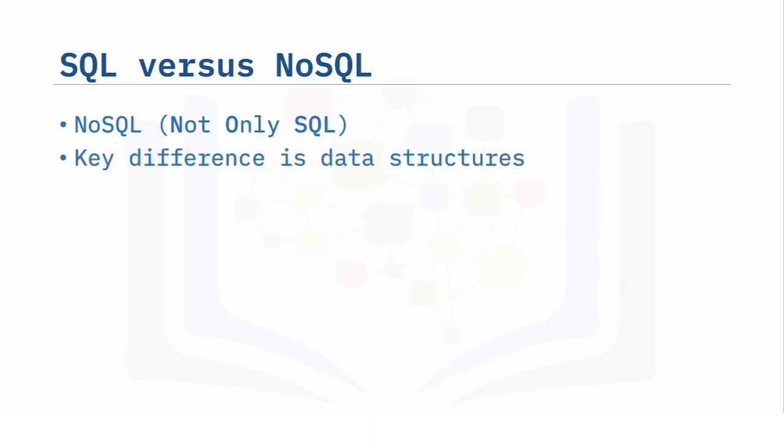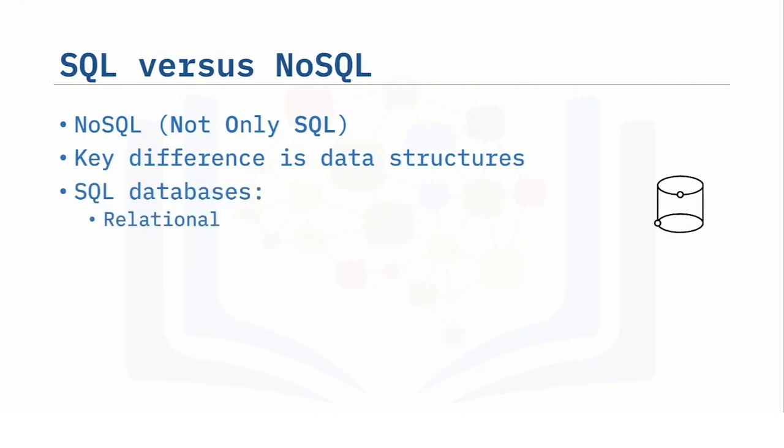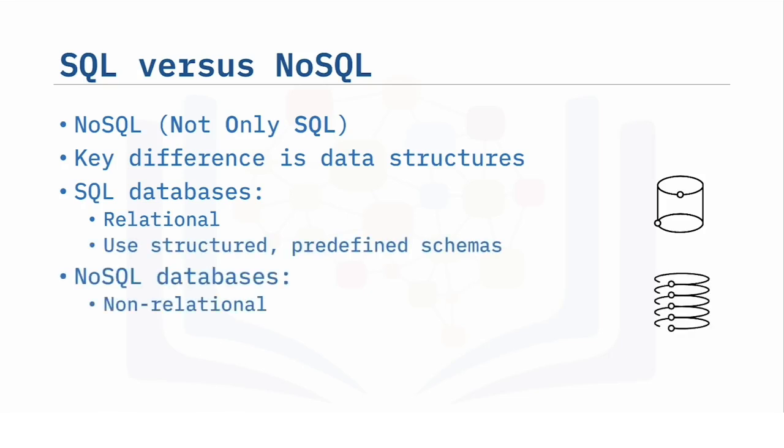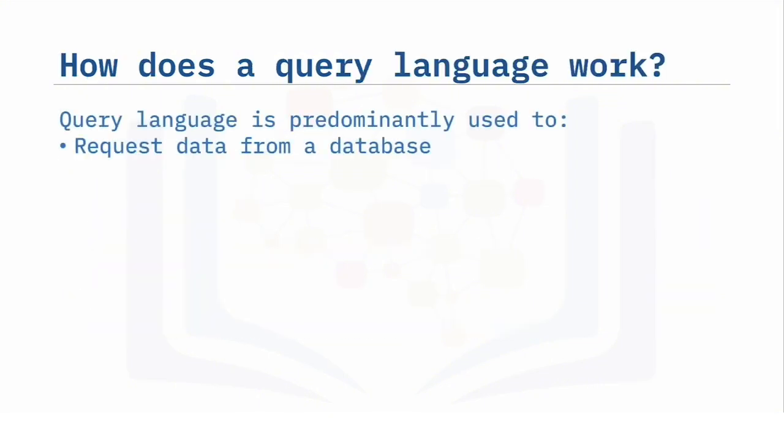The key difference between these two types of databases is their data structures. While SQL databases are relational and use structured, predefined schemas, NoSQL databases are non-relational in nature and have dynamic schemas for unstructured data.